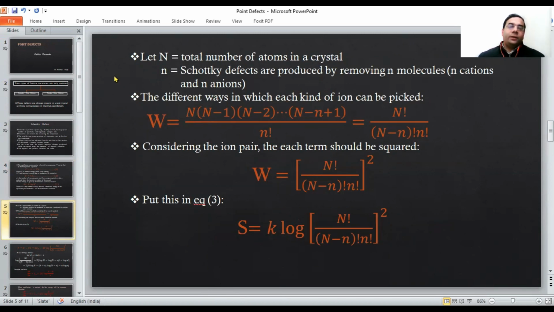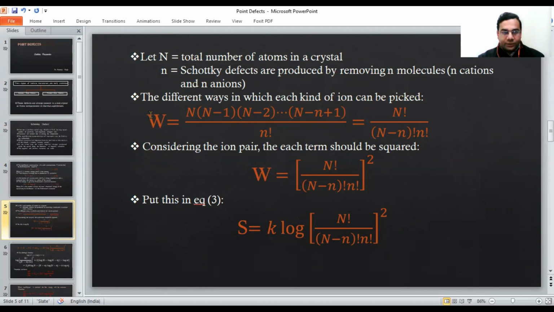Now let capital N be the total number of atoms in a crystal, and small n the number of Schottky defects, produced by removing n molecules, that is n cations and n anions. The different ways in which each kind of ion can be picked is W equal to N into N minus 1, N minus 2, up to N minus n plus 1, divided by n factorial.